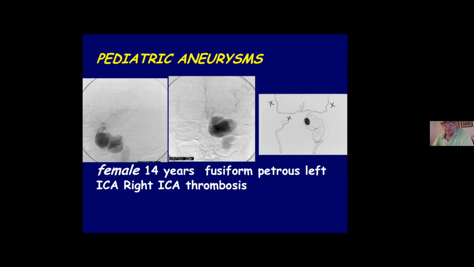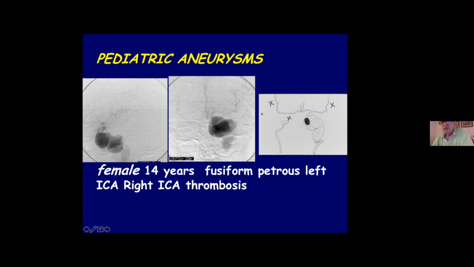Another more complex case is a female, 40 years old, with a fusiform giant petrous and internal carotid right aneurysm. Left, AP view, lateral view. But this patient has spontaneous occlusion of the siphon on the right side. Only the right carotid down to the ophthalmic artery.